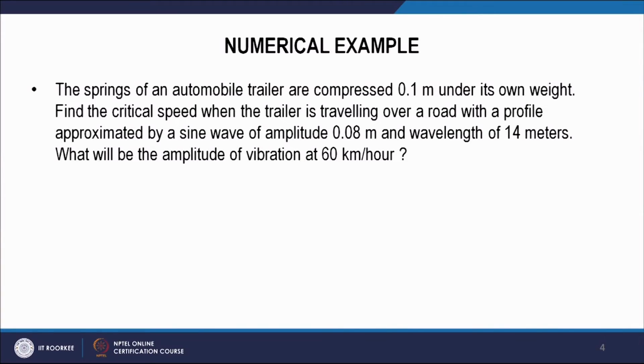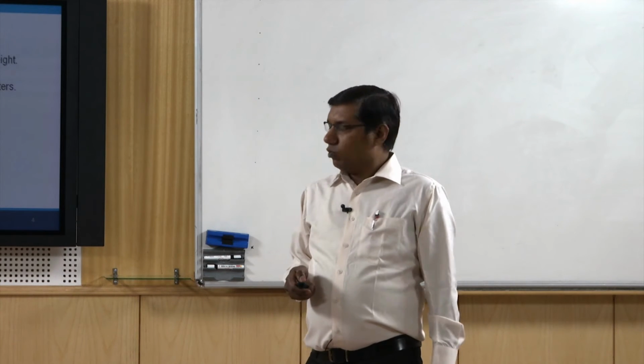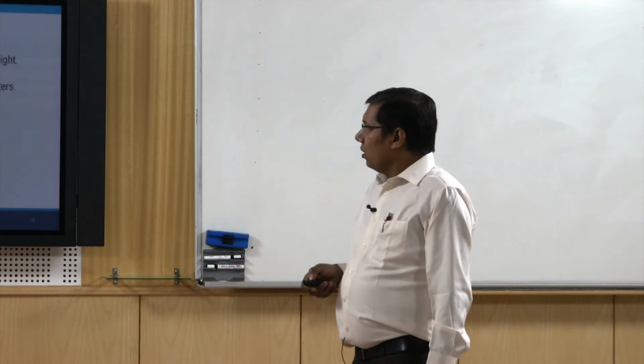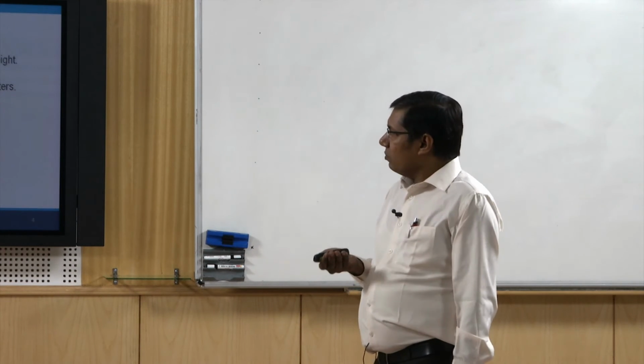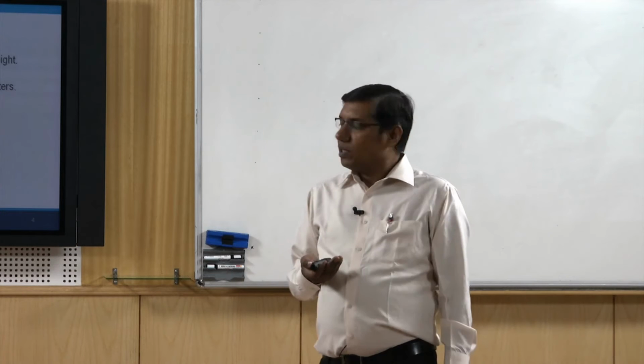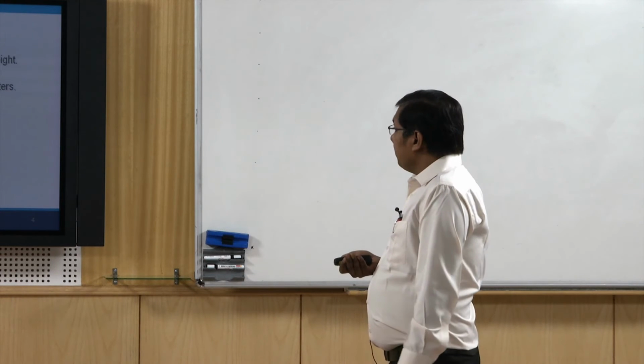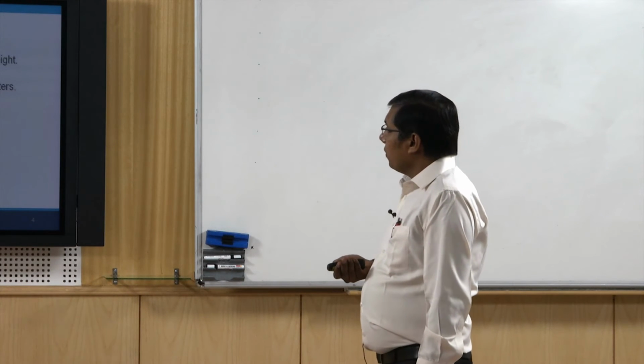The springs of an automobile trailer are compressed 0.1 meter under its own weight. So we have an automobile carrier or automobile trailer. It is moving. It has some springs, maybe suspension springs, and they are compressed 0.1 meter under its own weight.